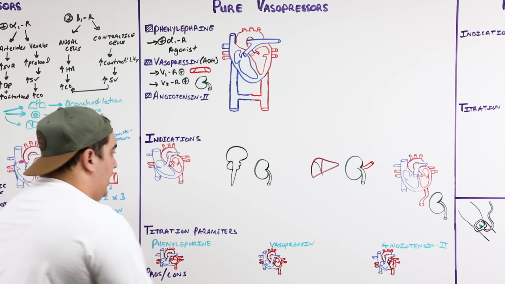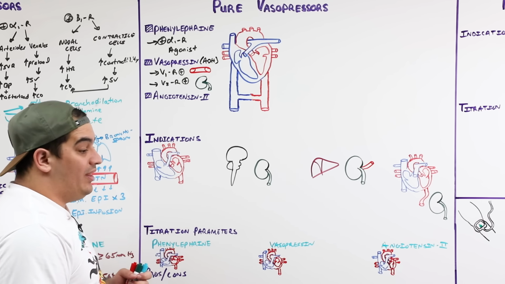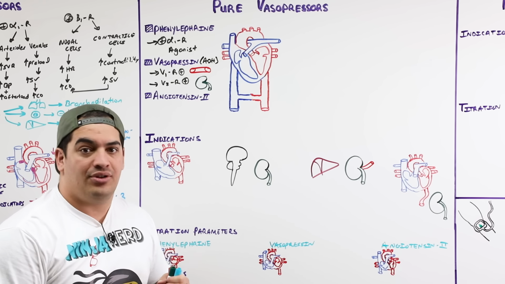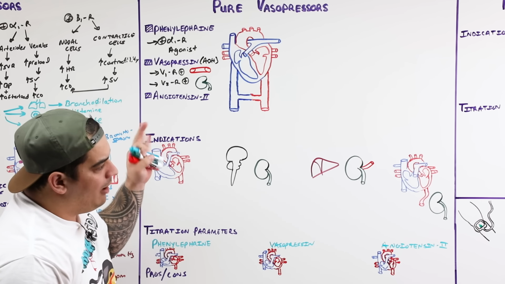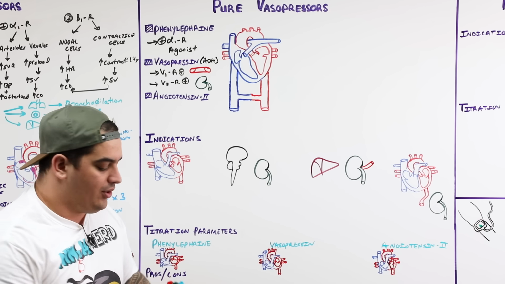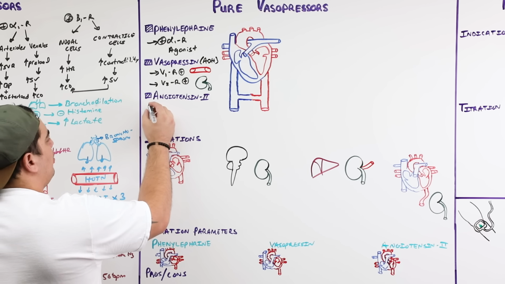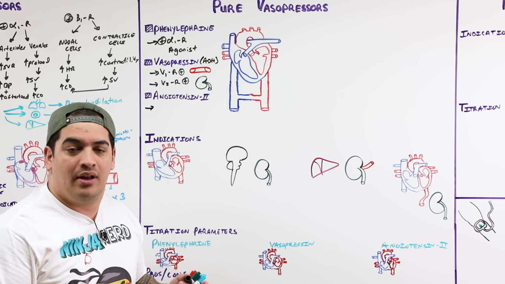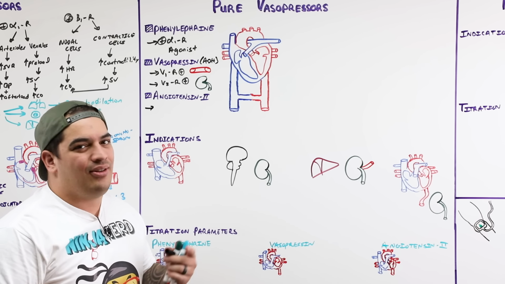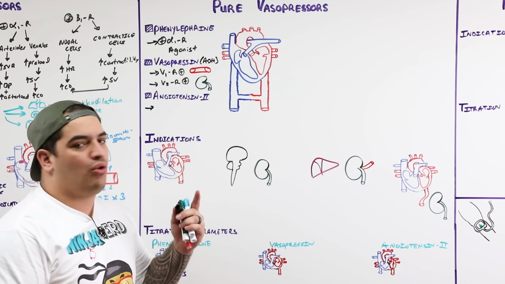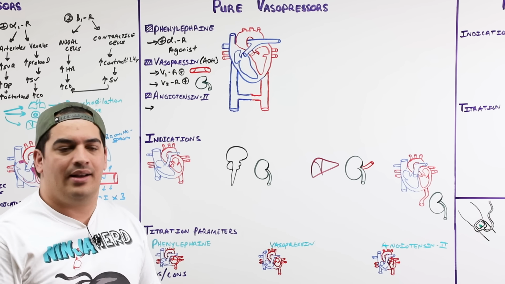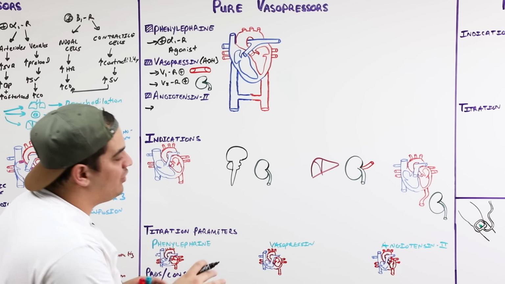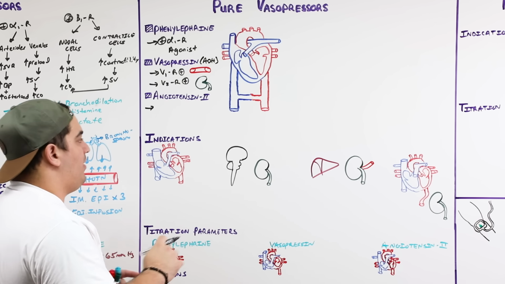The last one here is angiotensin-II, and this is actually a newer drug. It's called an inopressor. There was a trial called the ATHOS-3 trial that came out a couple of years ago about angiotensin-II. Theoretically it sounds like an amazing type of vasopressor, but the data is still limited, so we won't go too crazy on this drug. We will mention its mechanisms, some potential indications, when it could be utilized, and potentially the downsides based upon that trial.